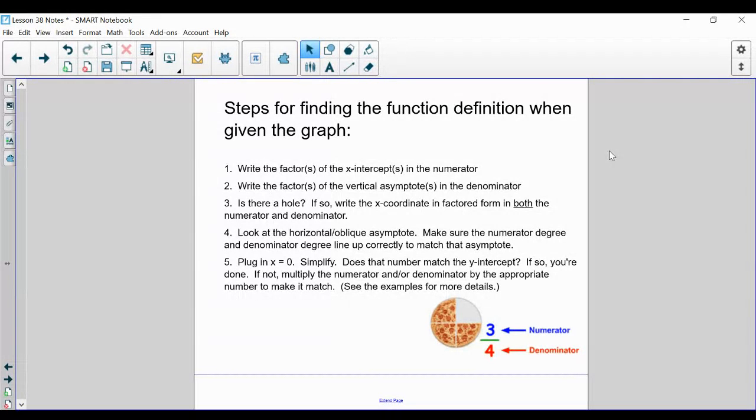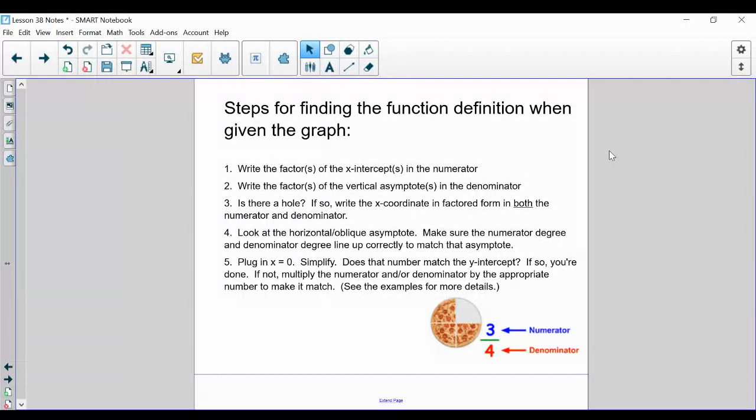All right, so here's the steps that you're going to want to follow. There's two real main parts, the x-intercepts and the vertical asymptote. Those two things will give you almost the whole entire graph, and then after you have those, if there's any holes, you'll stick those in there, and then you're just going to have to account for either the horizontal asymptote or the oblique asymptote and/or the y-intercept.